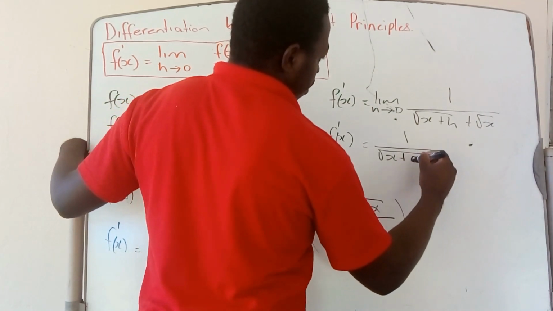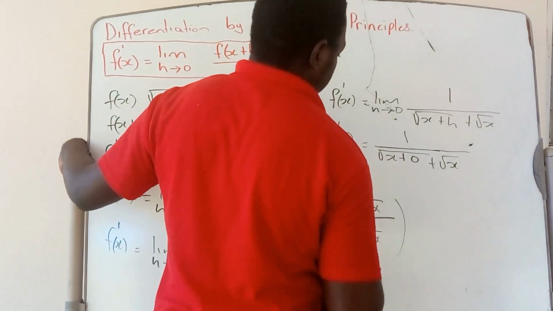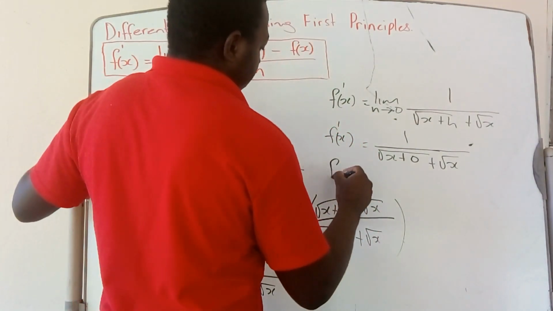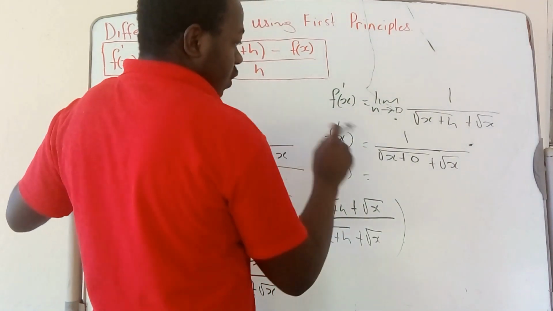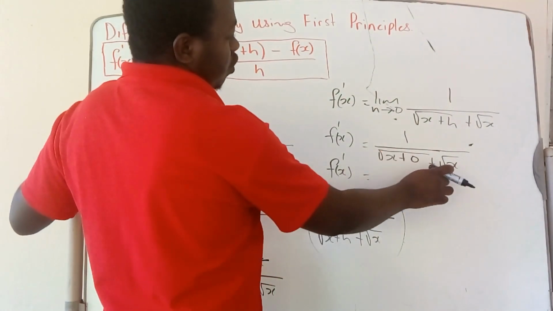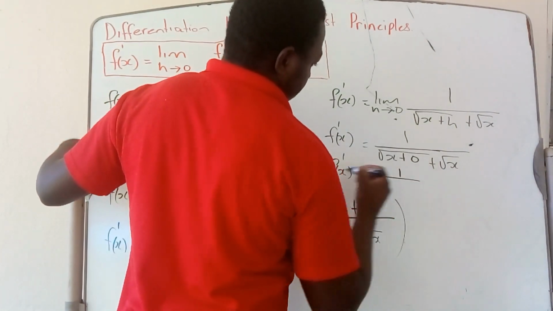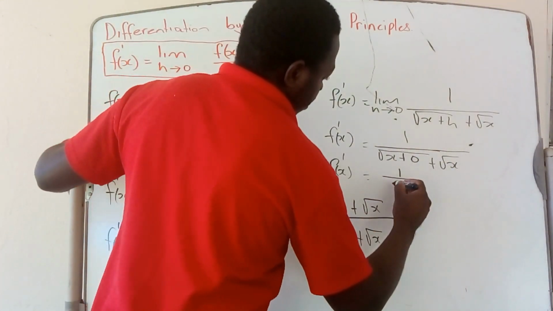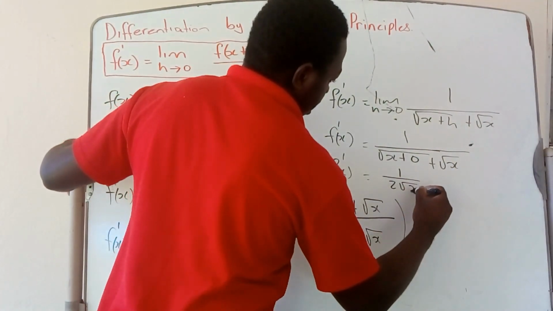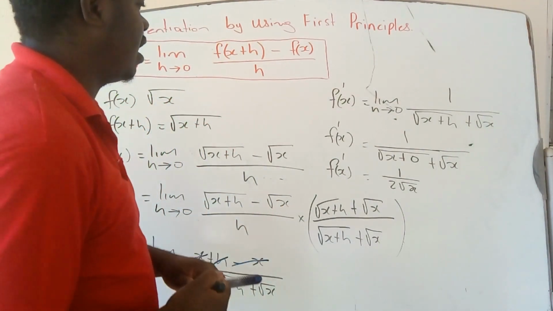So that's just 0 plus the root of x. So here, f prime of x is equal to, here we just have root x plus root x, right? So this is 1 over, now if you have 1 root x plus another root x, this is just 2 root x. And that is our final answer there.